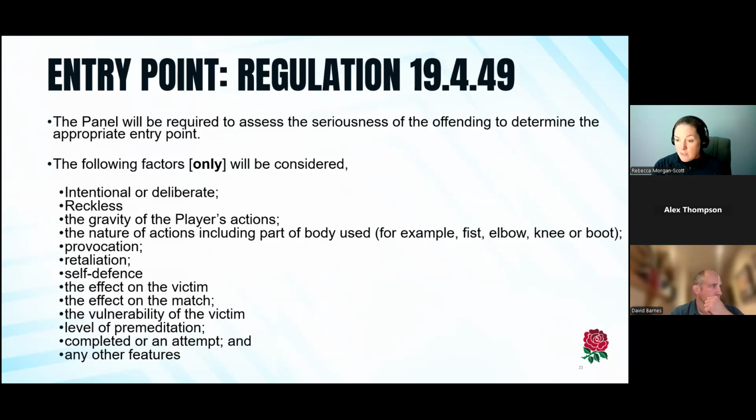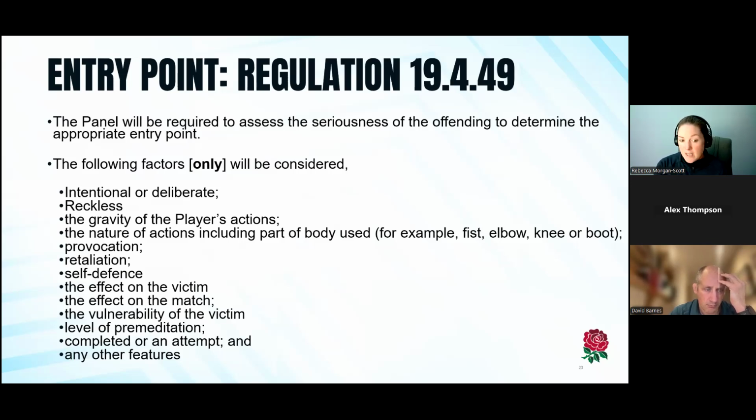The effect on the match is significant, and it was caused by this initial incident. So that might be something that the panel will take into consideration when looking at how serious this incident is at the very beginning here.